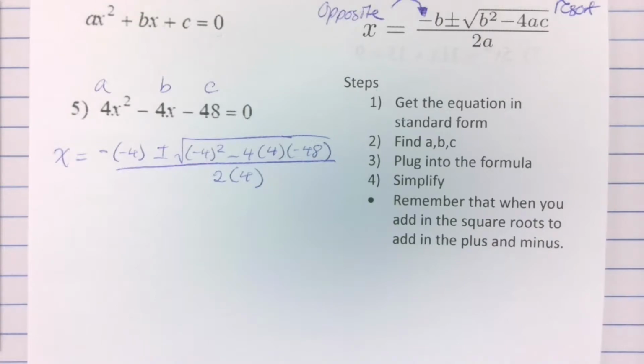X equals negative negative 4 plus or minus the square root, parentheses negative 4, outside of the parentheses squared, subtract 4 times 4 times negative 48, big fraction bar under everything, and 2 times 4. It is a lot.